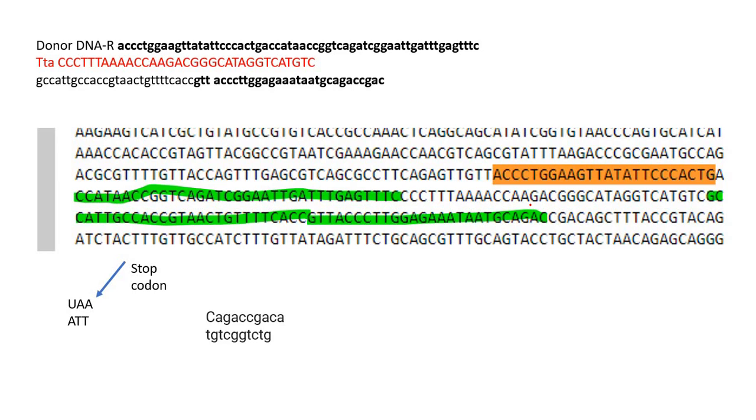Now because we are going to provide a donor DNA for inactivating the gene, you can just count the bases up till here. You can count A, C, C, C till here.